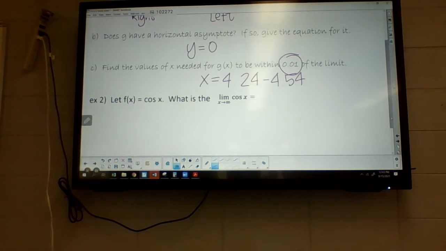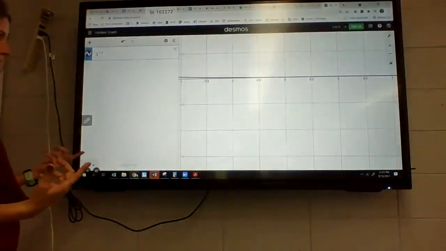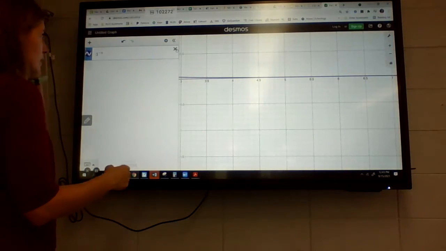Okay, guys. Next one I'd like you guys to try and graph is the cosine of x. Cosine of x. So cosine is a button on your calculator, so hopefully you should be able to find that.